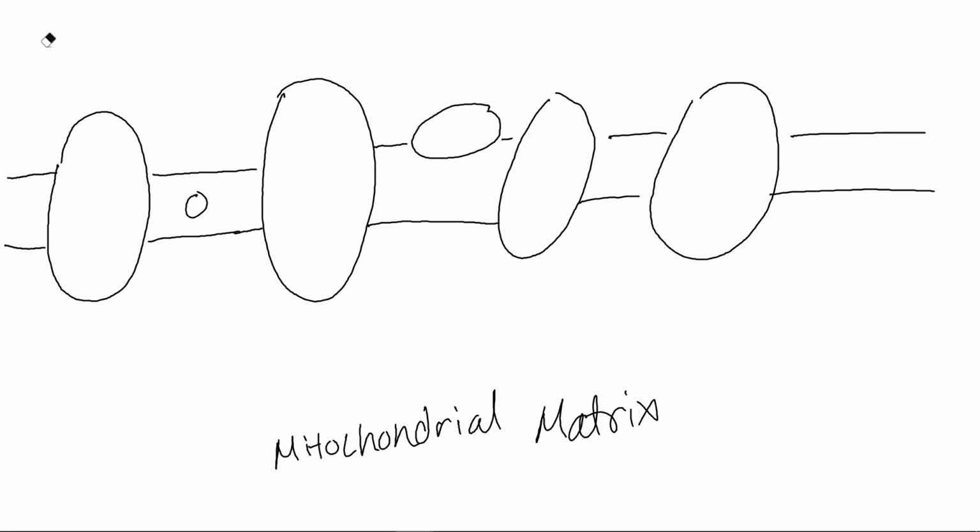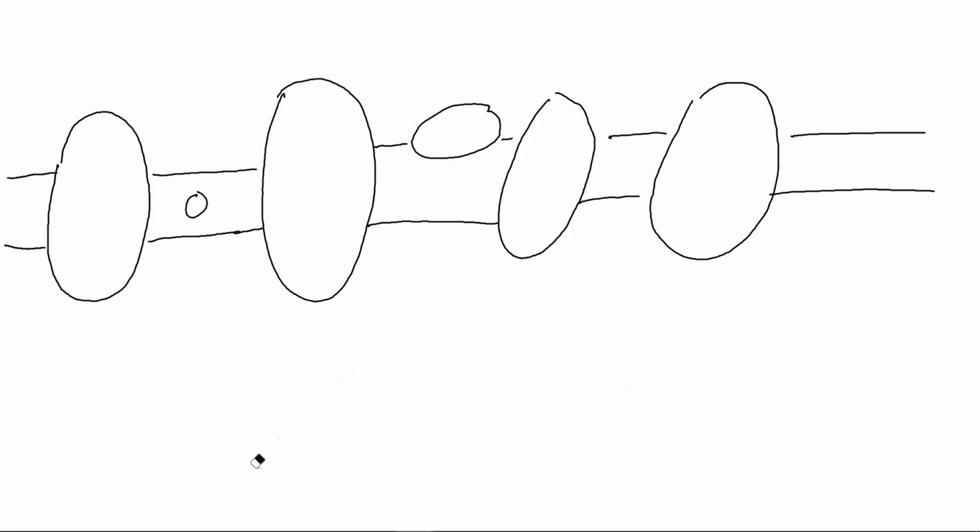Now that we know where we are, let's talk about what it does. So this part is called the electron transport chain. Write that down. And when you do the electron transport chain, this is all about making water and ATP. So the first thing that shows up at the very start is NADH.